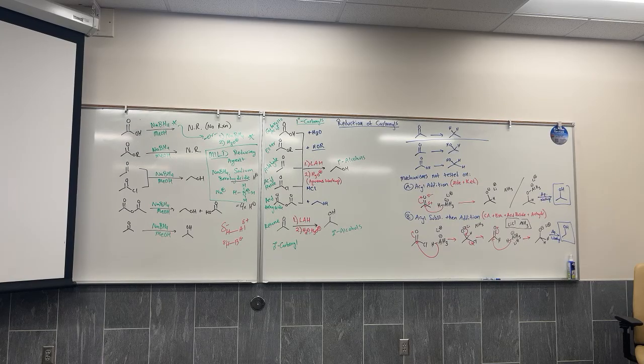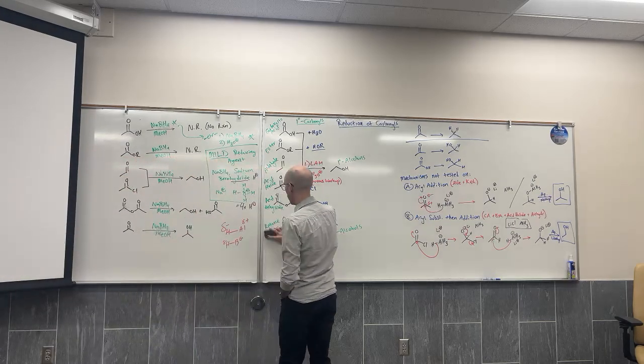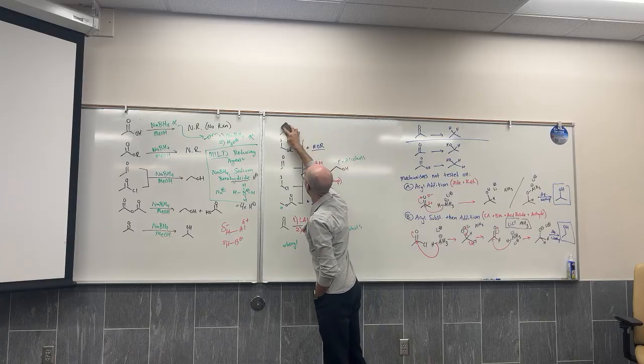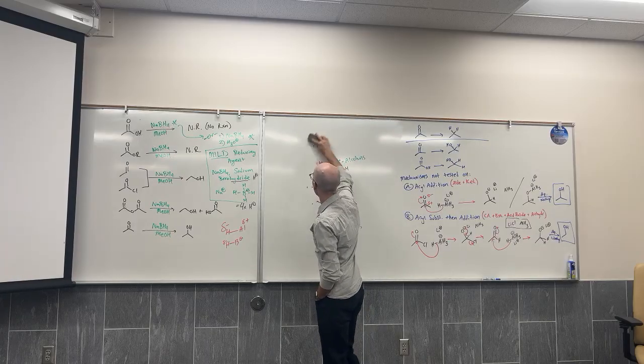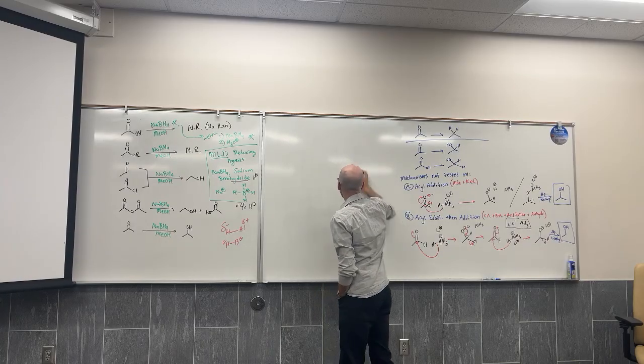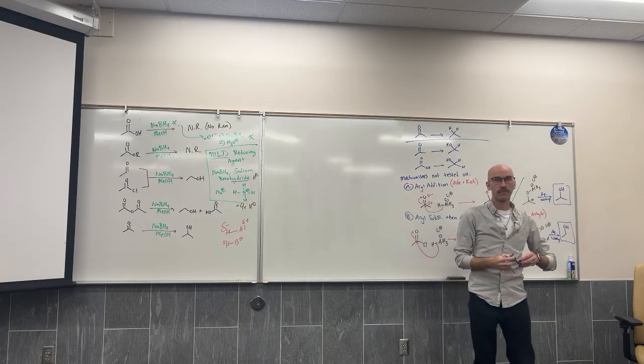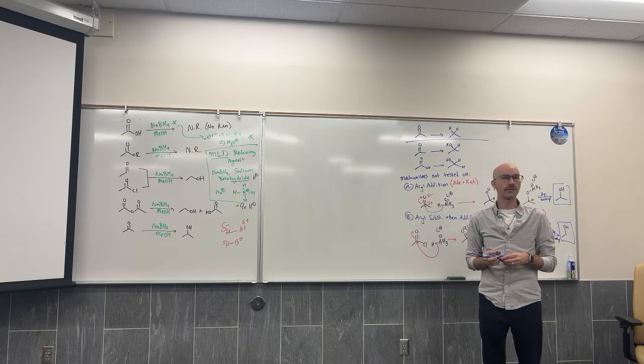Once again, what type of alcohols have we formed so far by reduction? We have formed primary and secondary alcohols. And is that all the types of alcohols there are? What other types of alcohols are there?